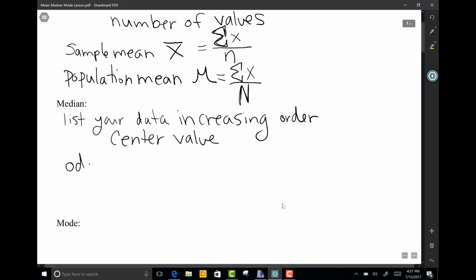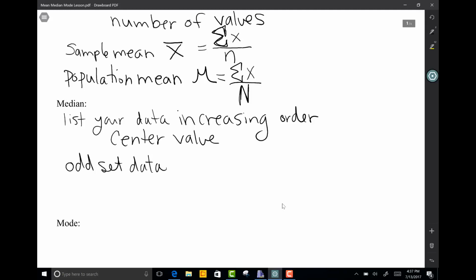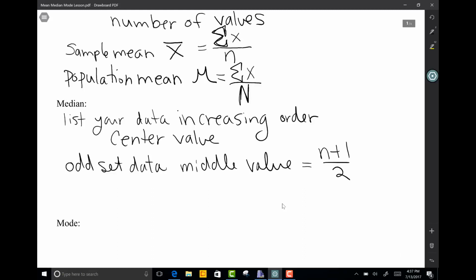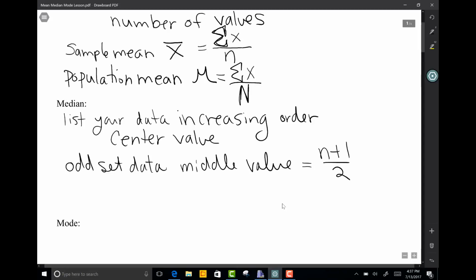If you have an odd set of data, so let's say you have 7 data values, that's an odd set of data. The middle value is going to be in the position of n plus 1 over 2. Say, for example, you have 7 data values, so n is going to be 7. 7 plus 1 is 8 divided by 2, which would be 4.